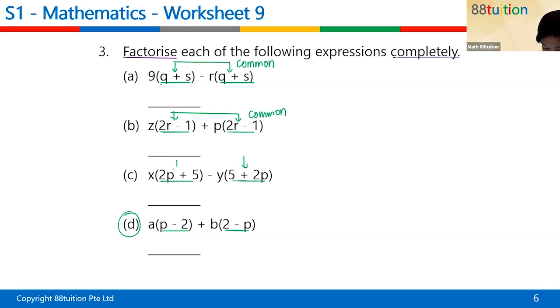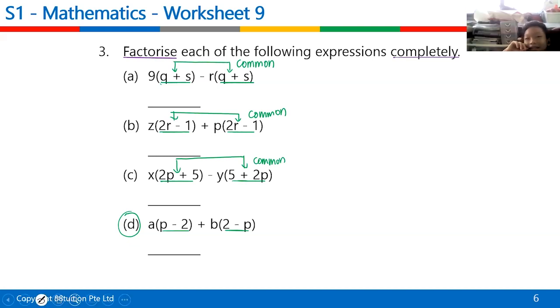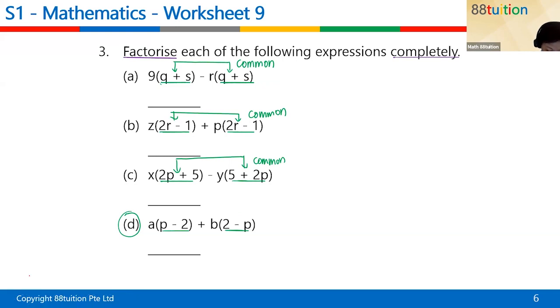This one also has a common term. Then this one, when you come to here, do you think this is a common term? No, right? So you must do something about it. Let's put it in red so that you will do something to this. Cast a magic spell, so that later we can see what can be done.